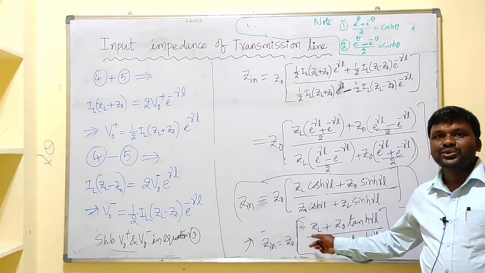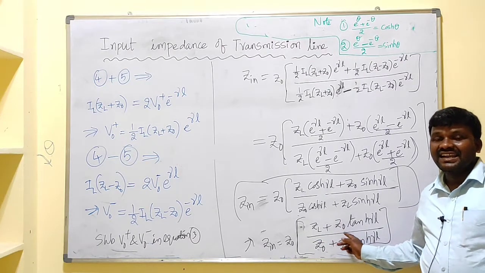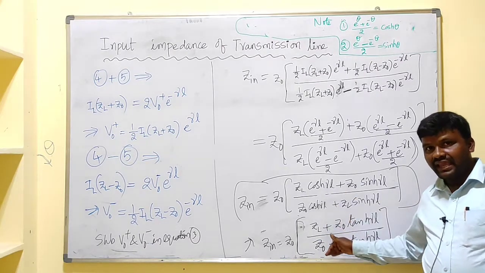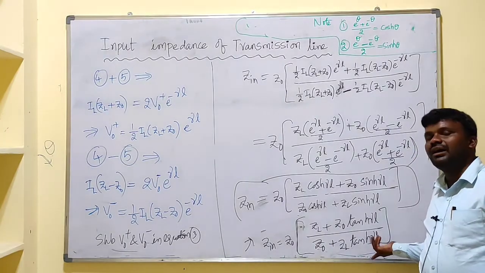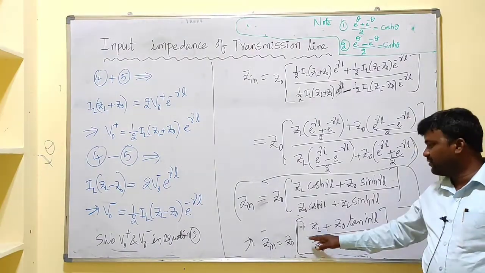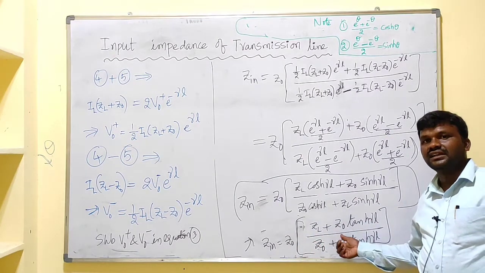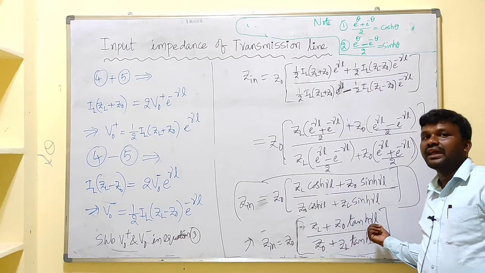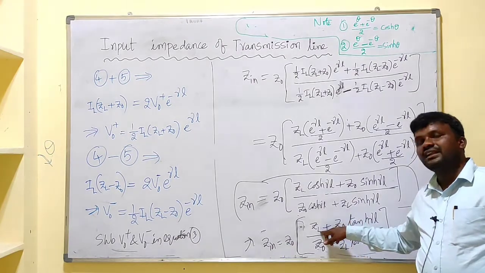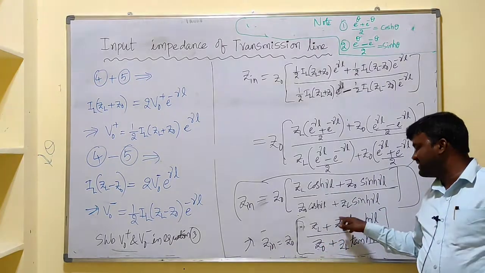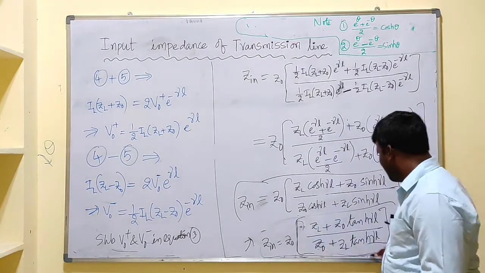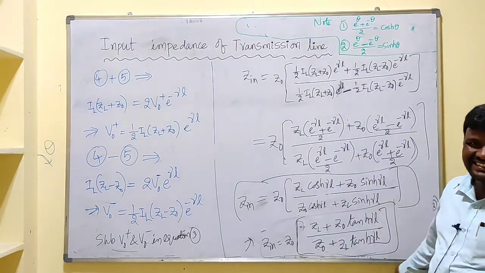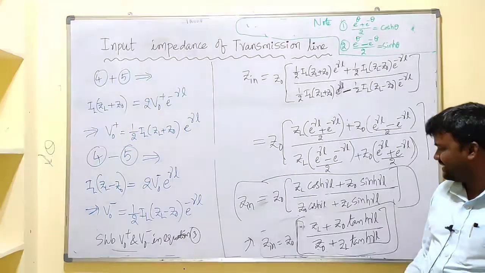Zin equals Z0 into ZL plus Z0 tanh γL by Z0 plus ZL tanh γL. First Z0, then ZL. After ZL, Z0 into the tan term. As it is ZL, we need to replace with Z0; as it is Z0, replace with ZL. We can easily remember this expression. Please practice.